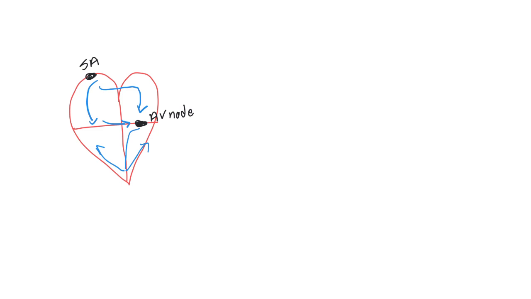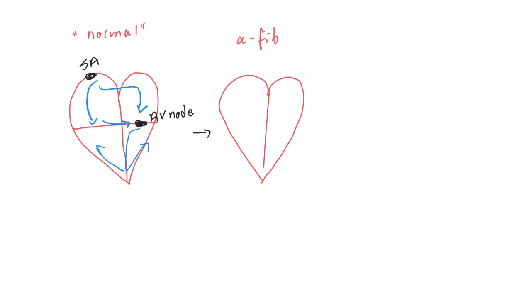Okay, what if we had a heart that had atrial fibrillation? So this is my second heart. This is my AFib heart. My first heart is a quote-unquote normal heart, and my second heart is an AFib heart, atrial fibrillation.